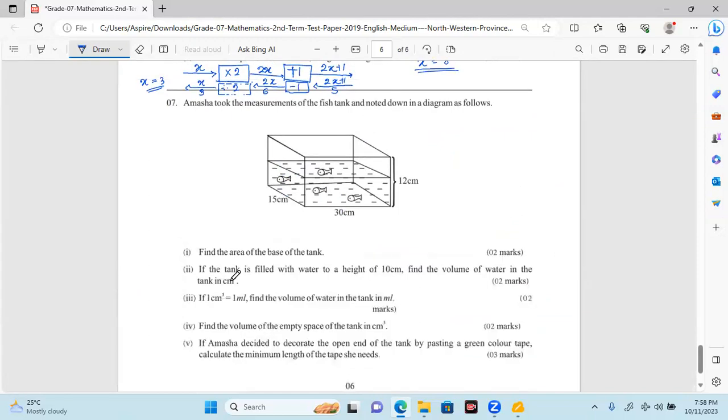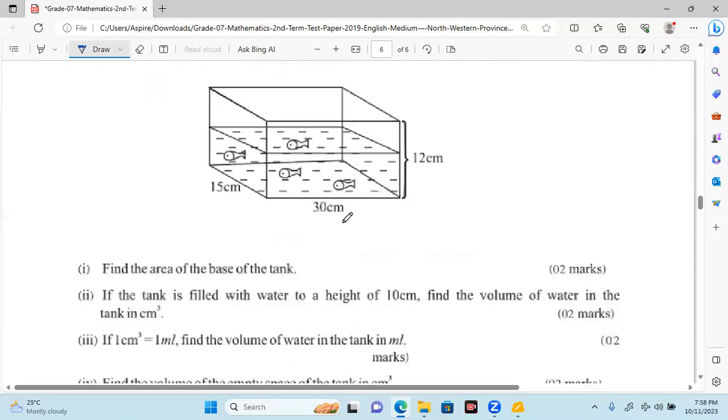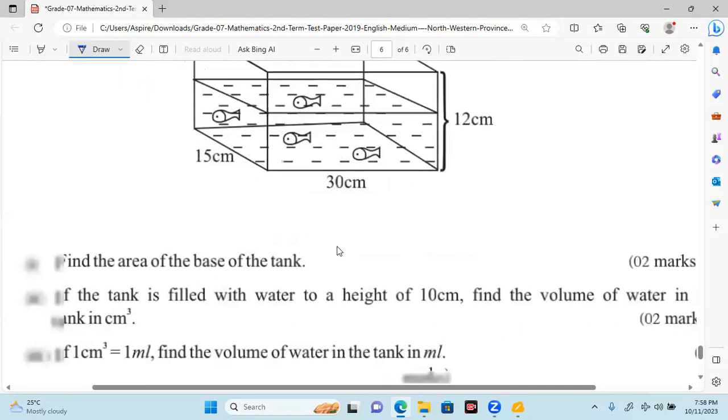Find the area of the base of the tank. To find the area, always what we do? We multiply length by breadth. So area is equal to length into breadth.